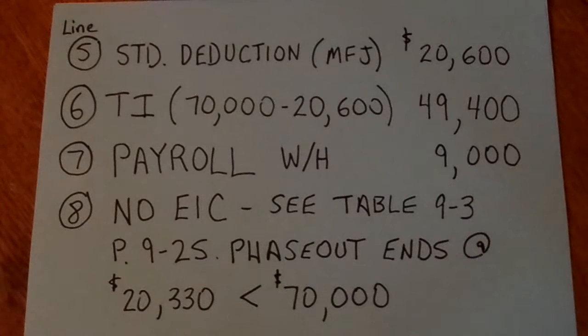This is not really a video about that, but I will tell you that earned income credit is designed to help working people, particularly with families. So if there turned out to be children, this number of $20,330 would go up quickly. So you might run into people at $70,000 worth of income who can claim earned income credit, but not people with no dependents.